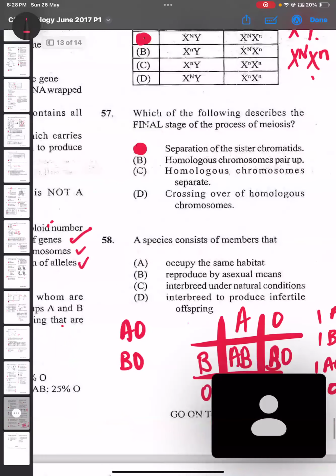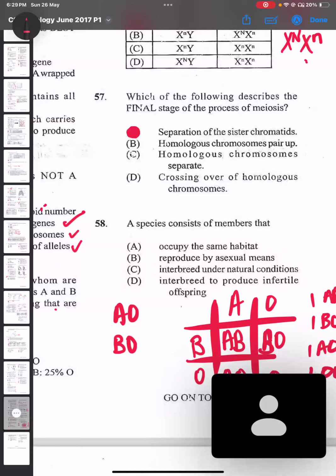And then for 58, a species consists, remember this is the question I asked you guys to pay attention to. It was the same question 58 on the past paper. It says a species consists of members that, and what do you see? Look at D, infertile offspring.